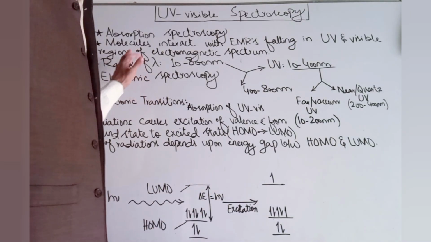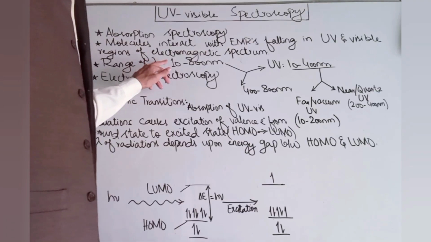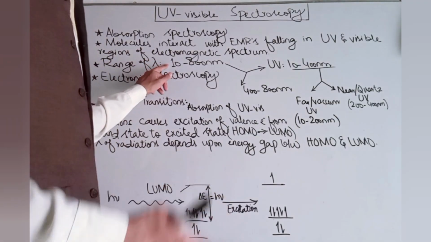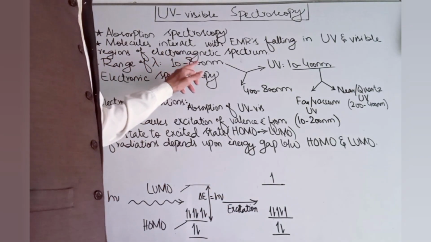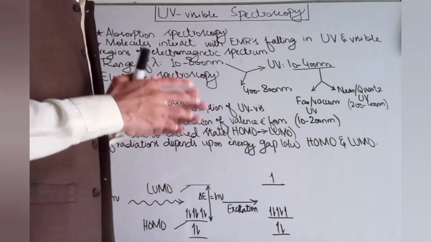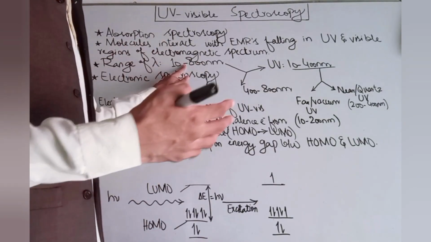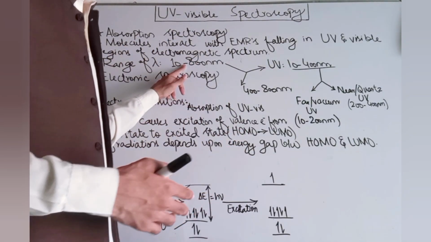If we talk about the wavelength ranges of UV visible spectroscopy, radiations falling between the wavelength range from 10 nanometers to 800 nanometers are used within UV visible spectroscopy. And this region can be further divided into 2 regions, as I have mentioned earlier.